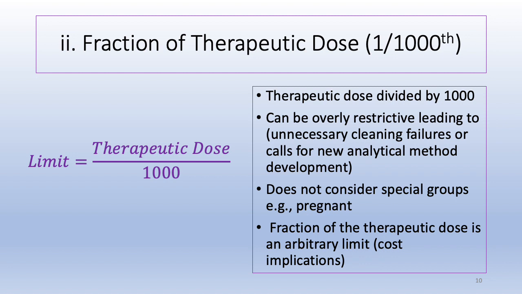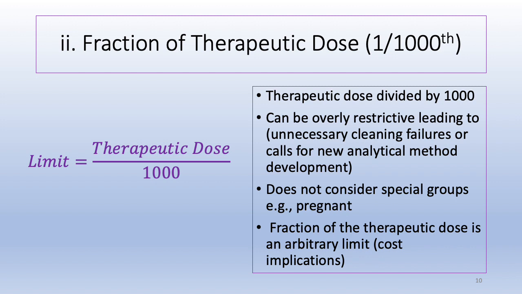And interestingly, a study was done whereby I think about 85% or so of different APIs were compared: a limit based on this fraction of therapeutic dose, 1,000th, compared to a health-based exposure limit.